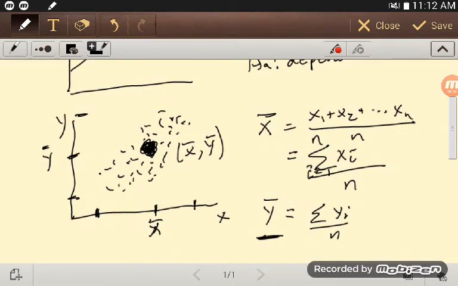It doesn't do great because, definitely in this data, it looks like there's some kind of trend going here.